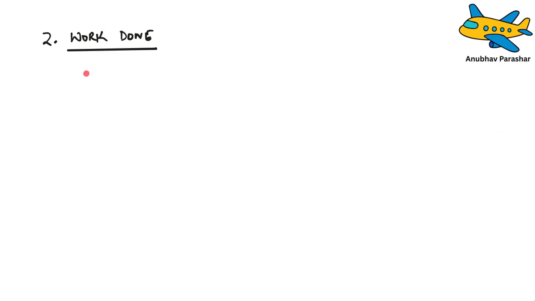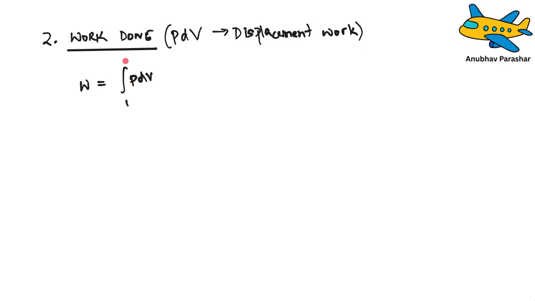Generally what we are calculating is the PdV work, that is the displacement work. So the work done can be written as the integration of PdV from 1 to 2. So this becomes P times (V2 minus V1).